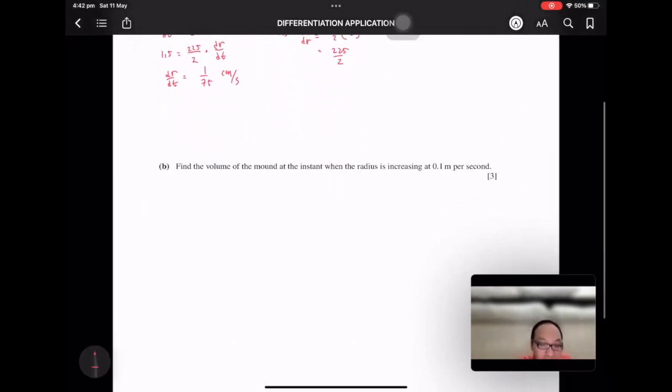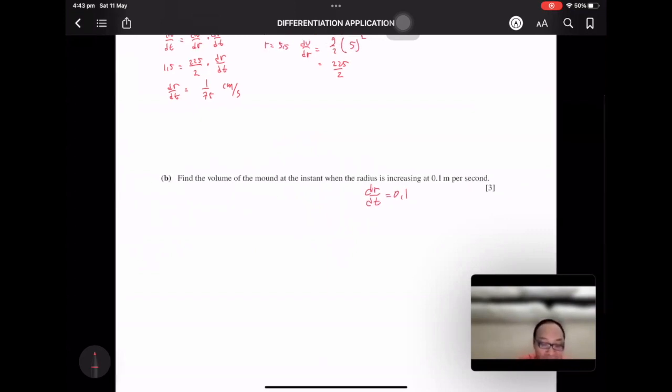Find the volume of the mound at the instant when the radius is increasing. Now we have dr/dt equals 0.1. So we need to find the volume. How do you find that? dr/dt is 0.1.